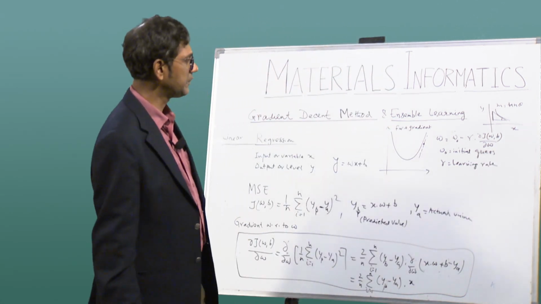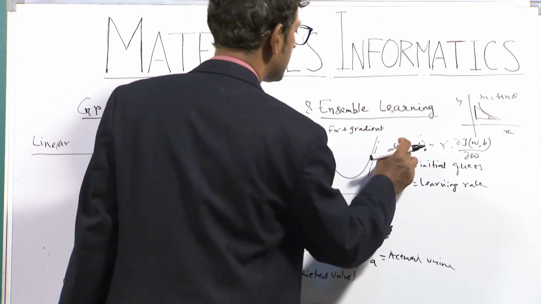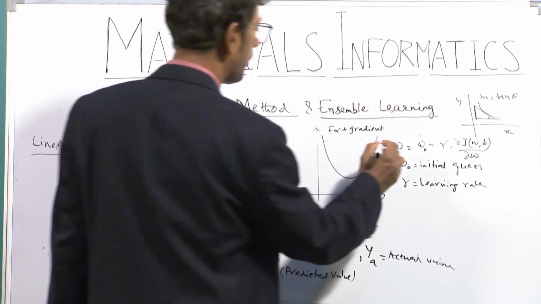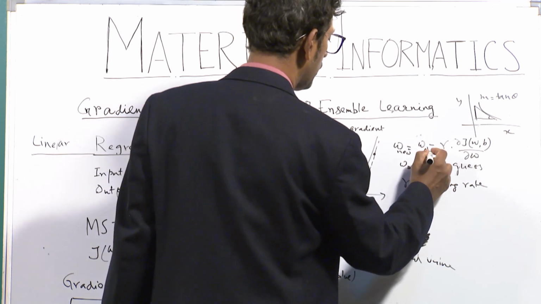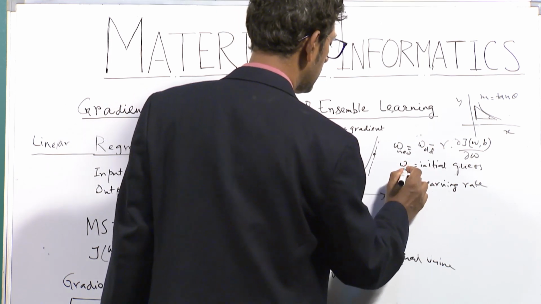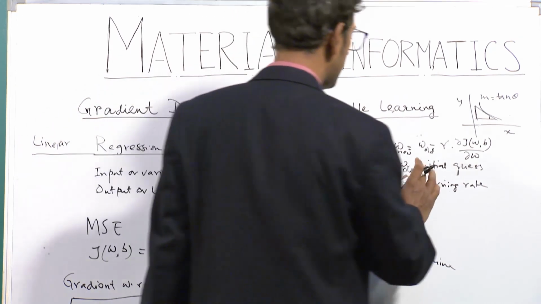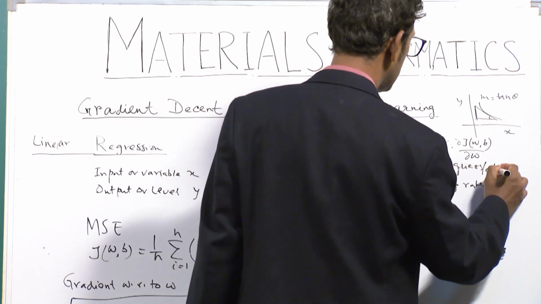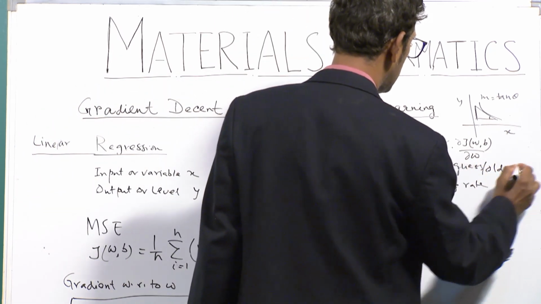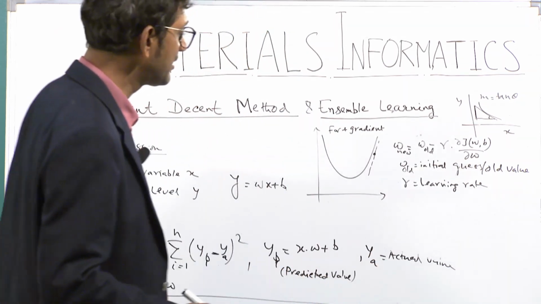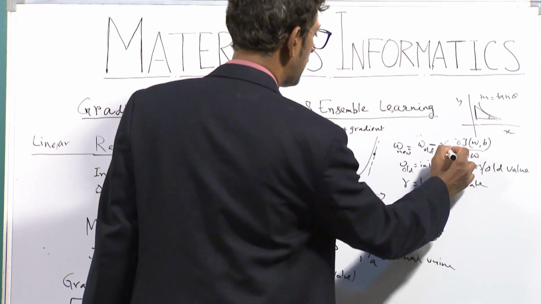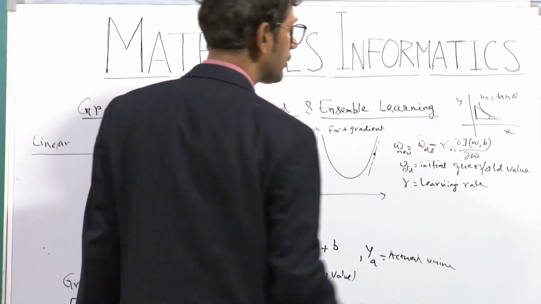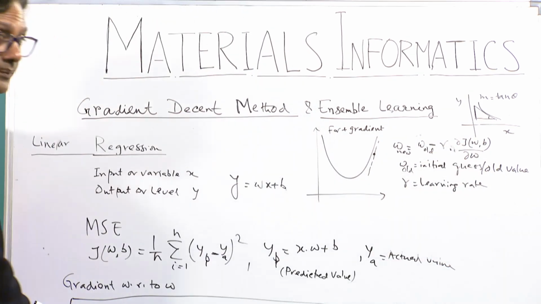What you are doing is simply adjusting the value of w. This is your new w. New w is nothing but the old w, the initial guess or old value, minus the step size multiplied by your slope, this term.